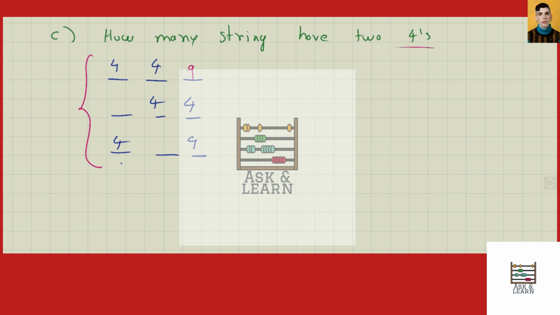So for the remaining digit, we have only 9 possibilities. So for each configuration we have 9 possibilities. So the total number of strings that have only 2 4s are equal to 3 times 9, and this equals 27.